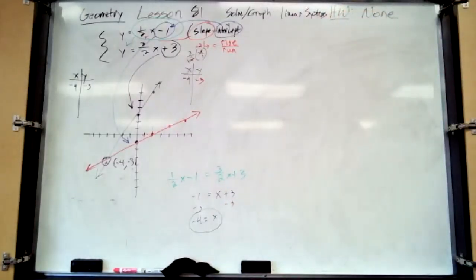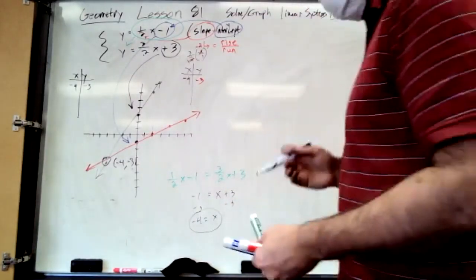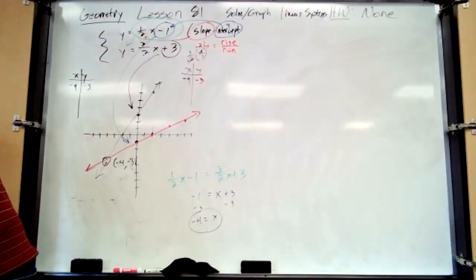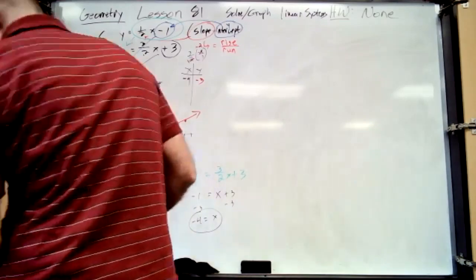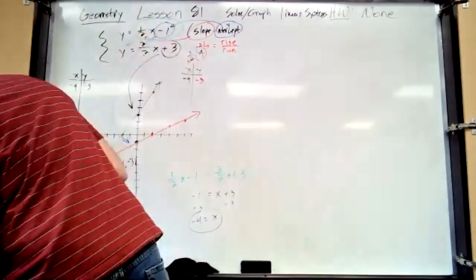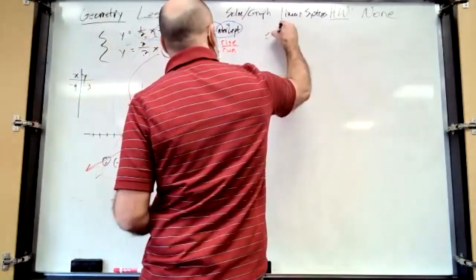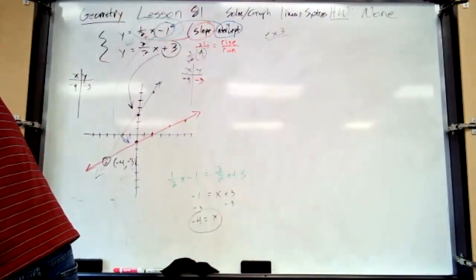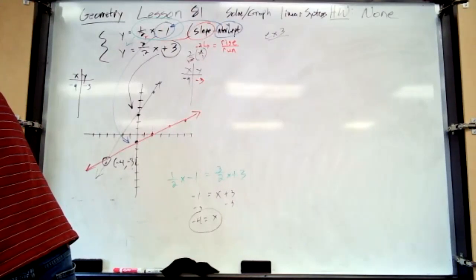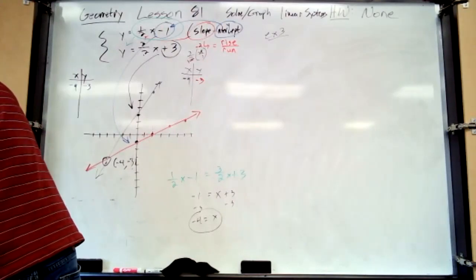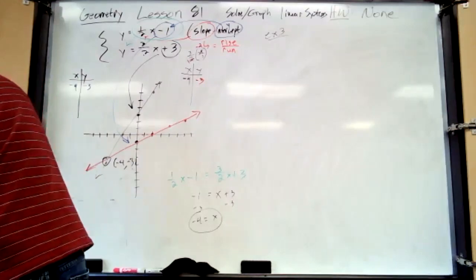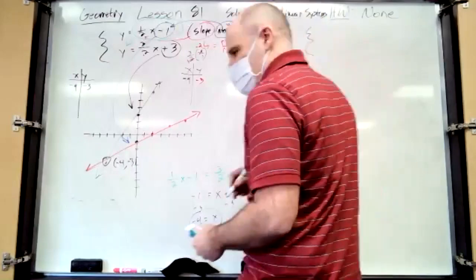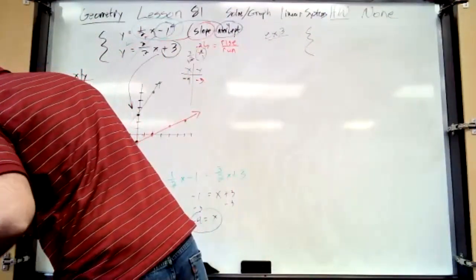But since we're in geometry, we like to solve graphically so we can see it. All right, let's try another one. Let's try example 3 here. I'm going to graph these 3 to see if there's a solution, to see if these 3 converge at one point.